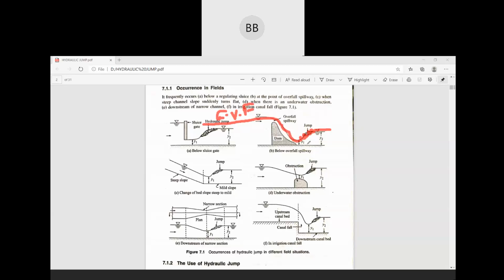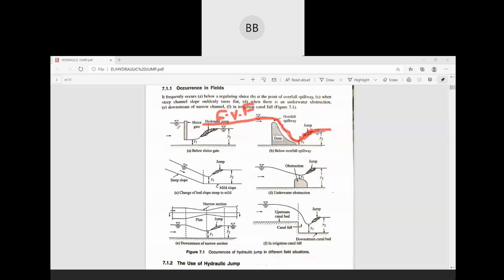As the depth of flow changes rapidly, all of a sudden, it is called rapidly varied flow, or a hydraulic jump. So you can draw these figures.